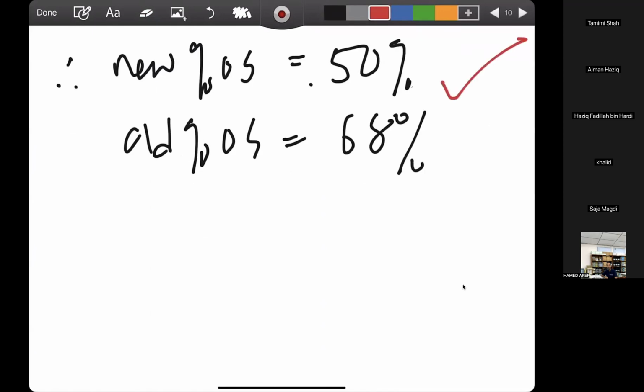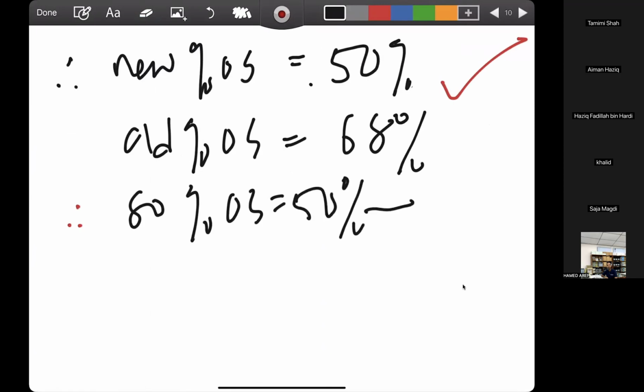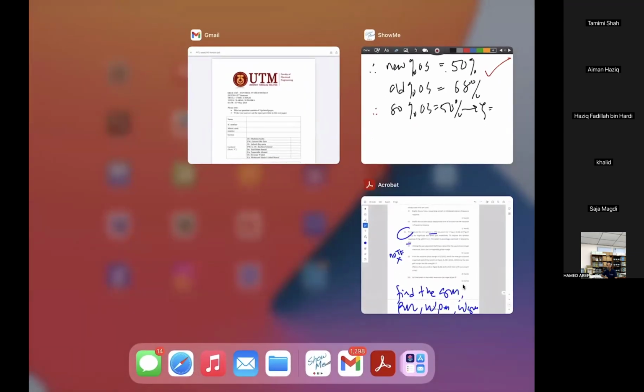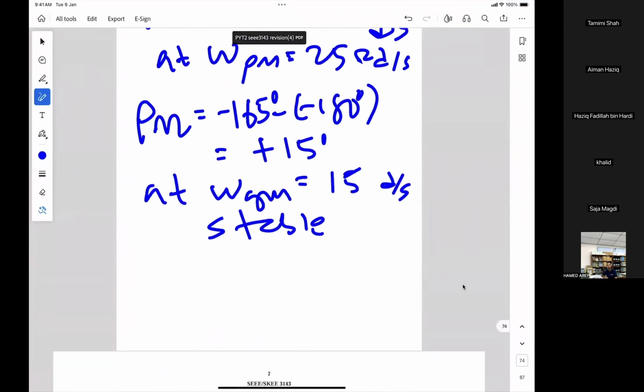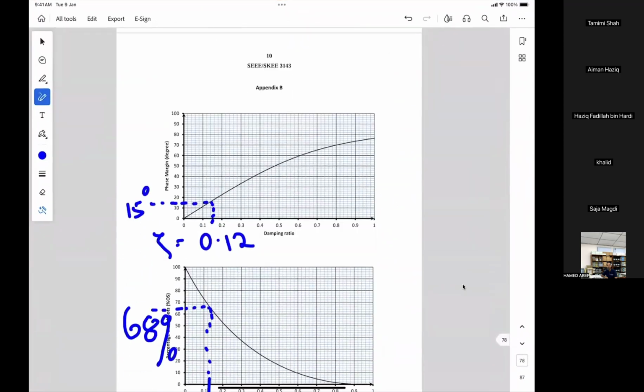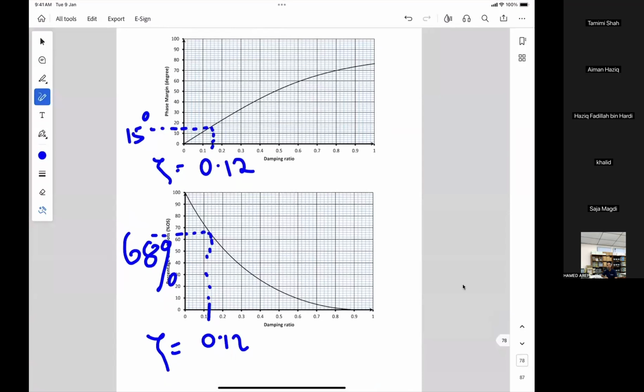Okay, so for 50%, what zeta will you get from the graph? 0.22. Here, I delete this one first.